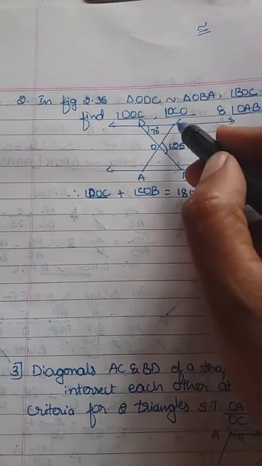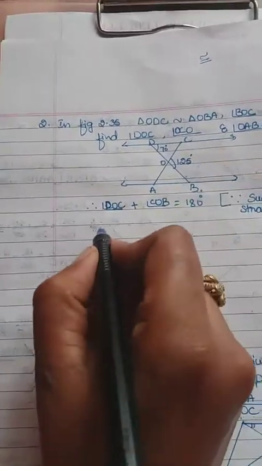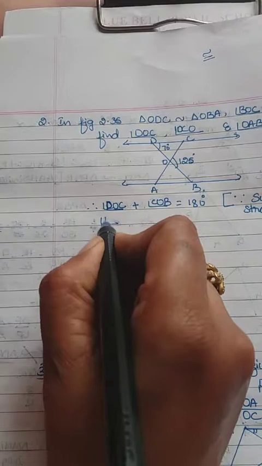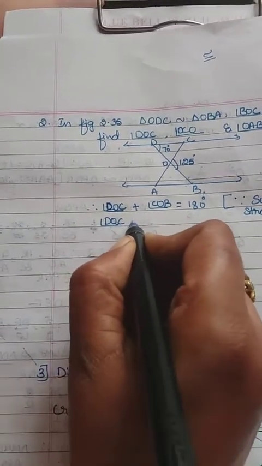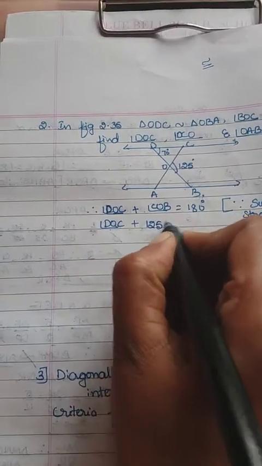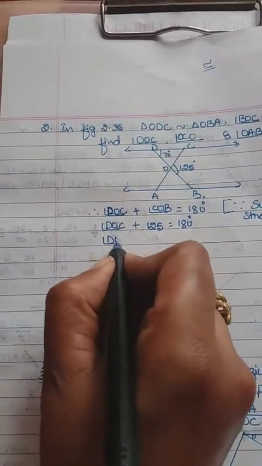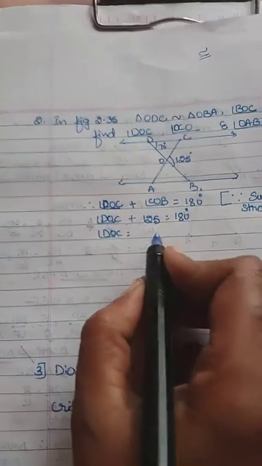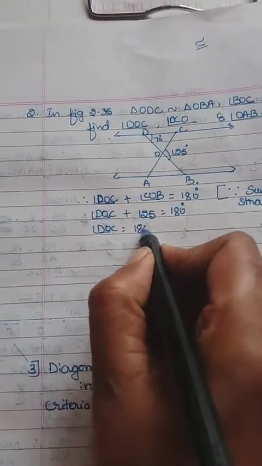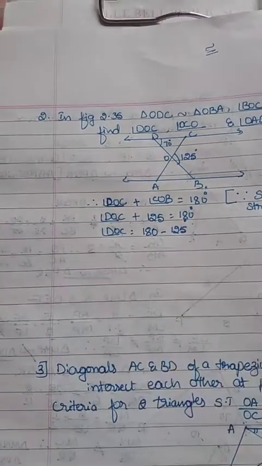One is COD and the other side is COB. Angle DOC we don't know, plus angle COB, they have provided 125 degree, equal to 180 degree. So angle DOC value, if 125 shifts to the RHS, becomes 180 minus 125.